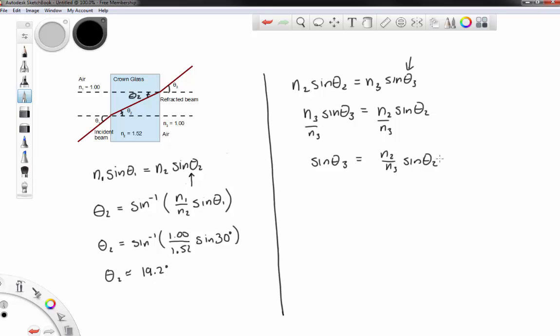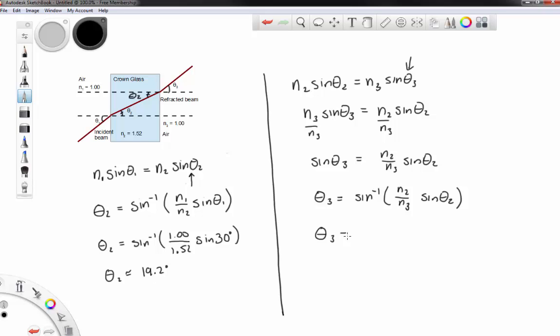I hope everybody remembers how to get theta 3 if you're given sine of theta 3. If you don't remember, then you take an inverse sine of both sides. So theta 3 should be inverse sine of n2 over n3 sine of theta 2. Now we can plug some numbers in.